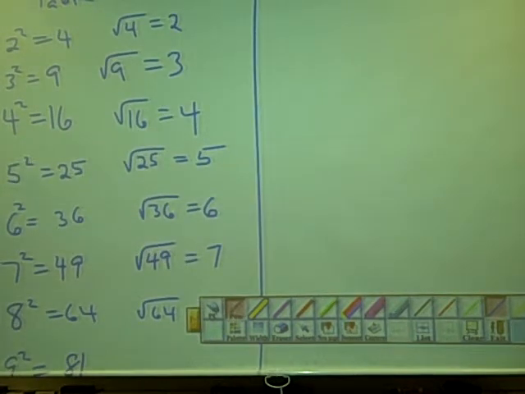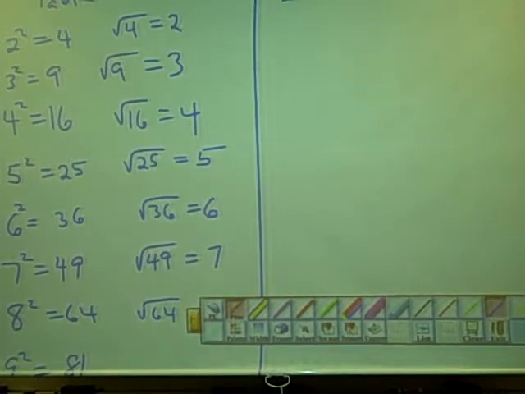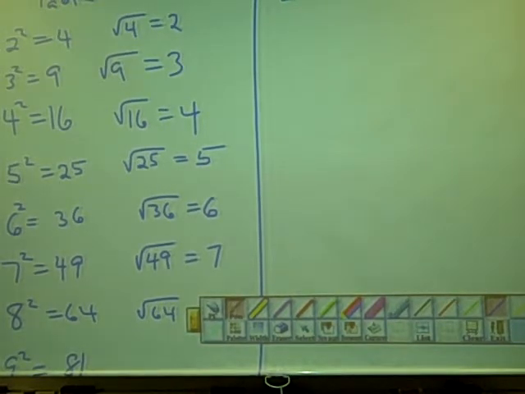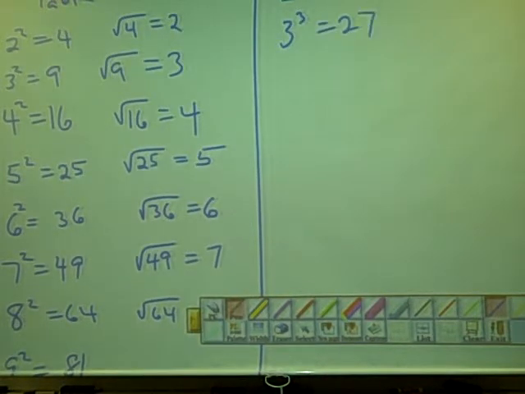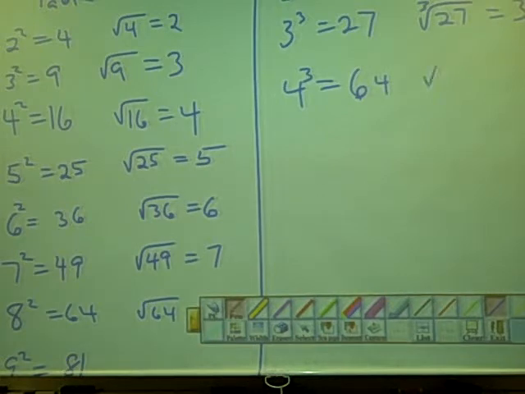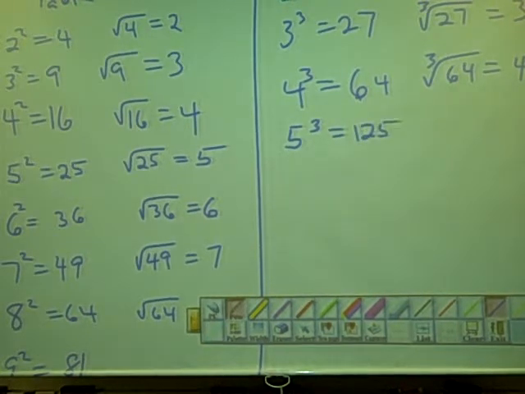Okay, so that's squared. Well, what about cubed? Same thing. 2 cubed is 8, so the cube root of 8 is 2, and so on. 3 cubed is 27, and so the cube root of 27 is 3. 4 cubed, 64, and so on. 5 cubed is 125, and so on.